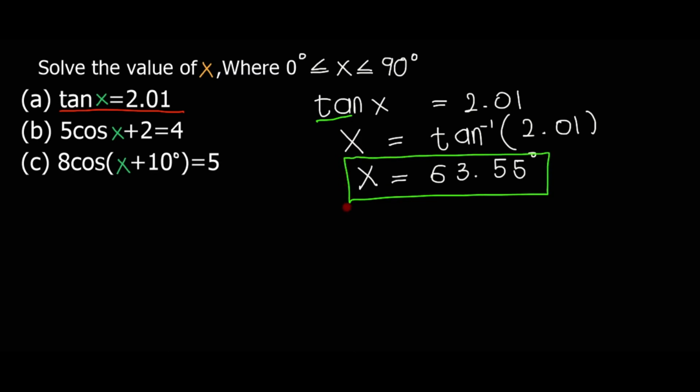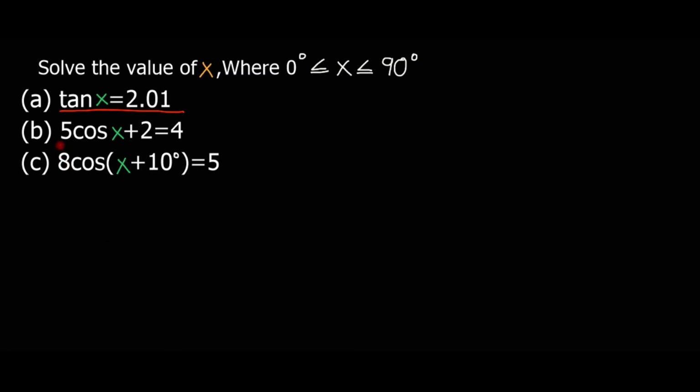Part B: 5 cos x plus 2 is equal to 4. Remember we solve for x, but in this problem there is another number here.